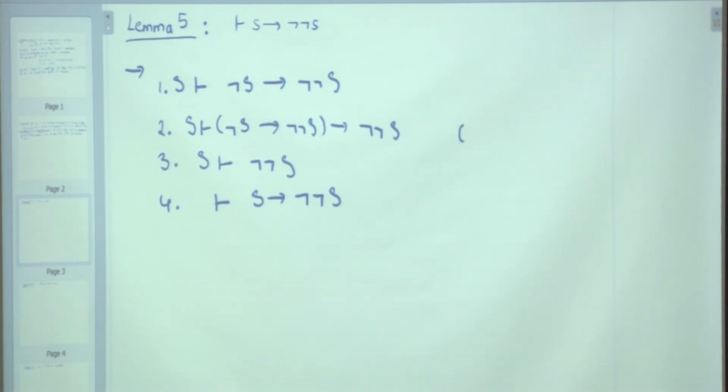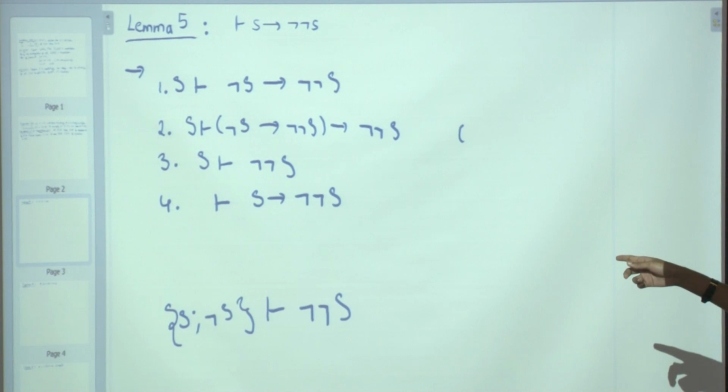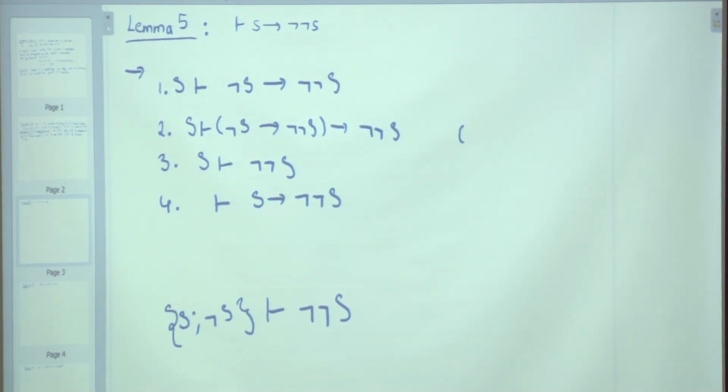Where is the first line coming from? I'll write most of that, because they can prove anything. Where have you done this? Have we done it in class yet? It's from lemma 2. Yes, we can replace.